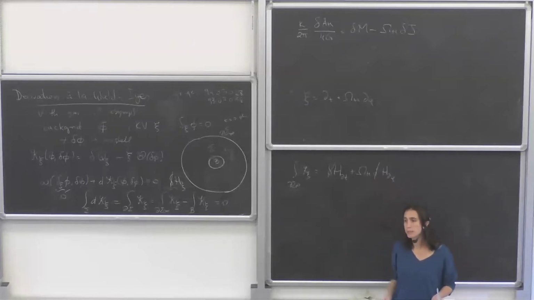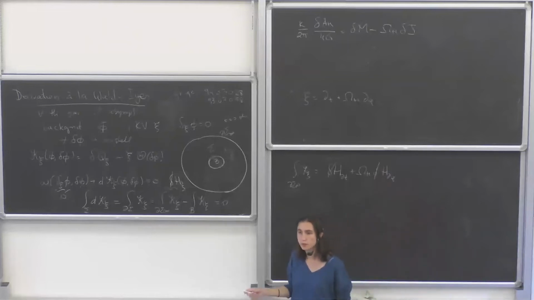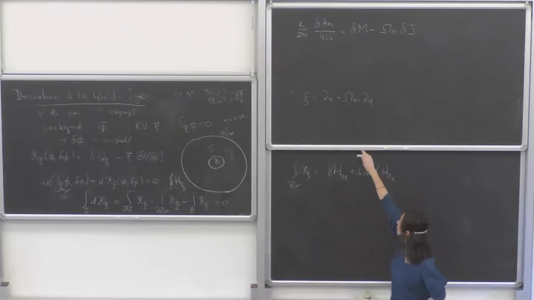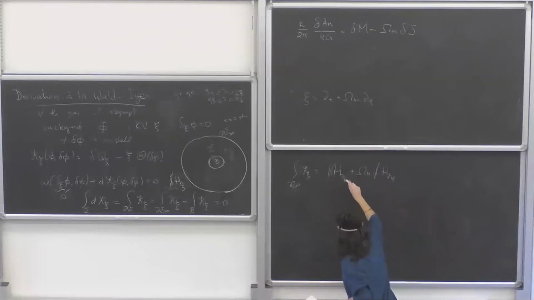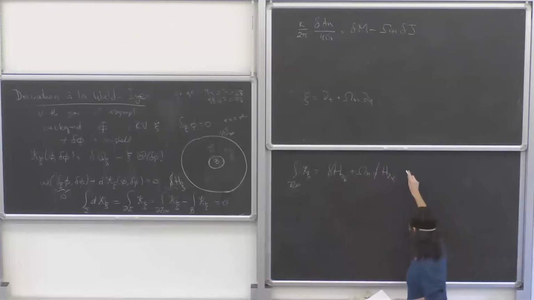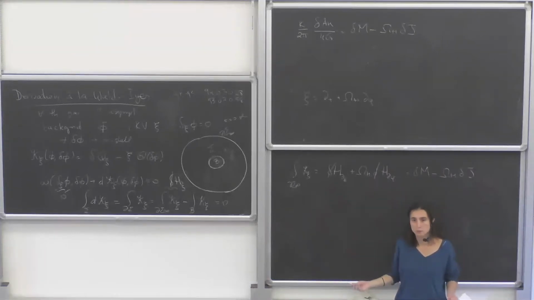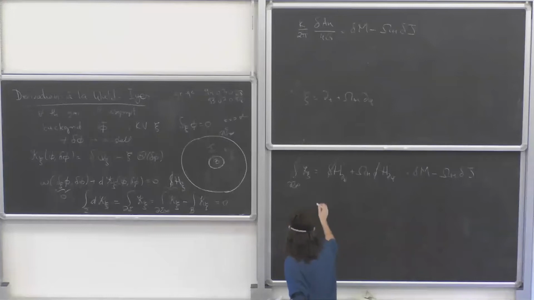It is clear that the charges are linear in the Killing vector. So I'm just going to get this particular linear combination of the charges associated to dt and d phi. And this is nothing but delta M minus omega_h delta J by definition. And this is going to be equal to the integral of delta Q_C over the bifurcation surface.